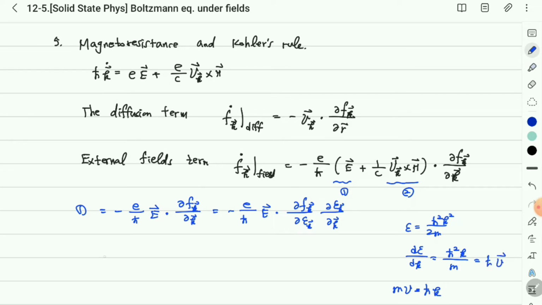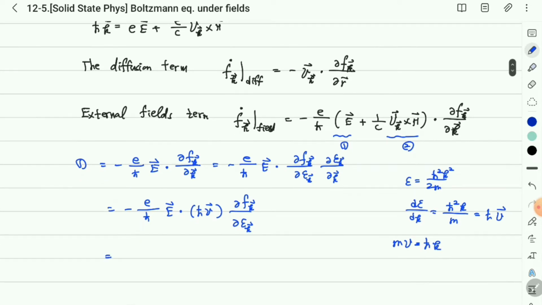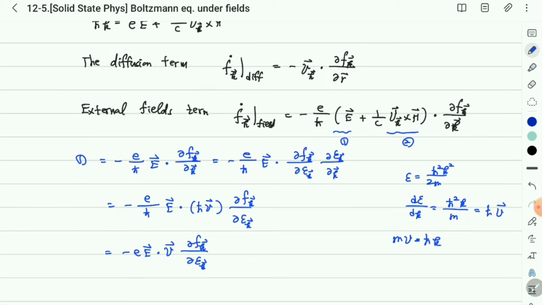So here it is minus e over h bar, E dot h bar v, times partial f_k over partial epsilon_k. Then it is minus e E dot v partial f_k over partial epsilon_k. It is the energy derivative.